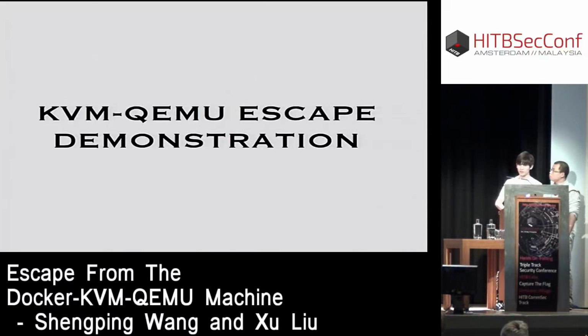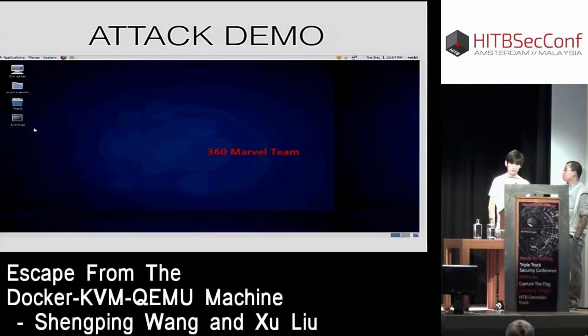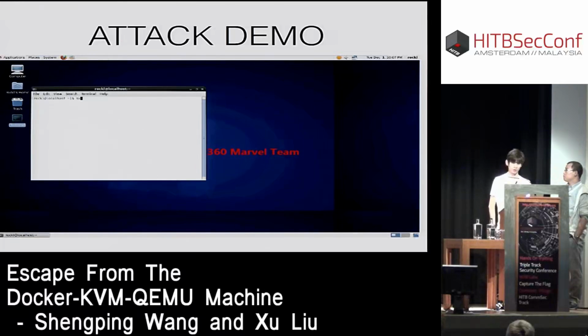And here is a demo video about an escape from inside a virtual machine of KVM. In this video, we start a KVM QEMU virtual machine and run exploit code inside it to let the host execute the shellcode to attach to a remote attacker machine.